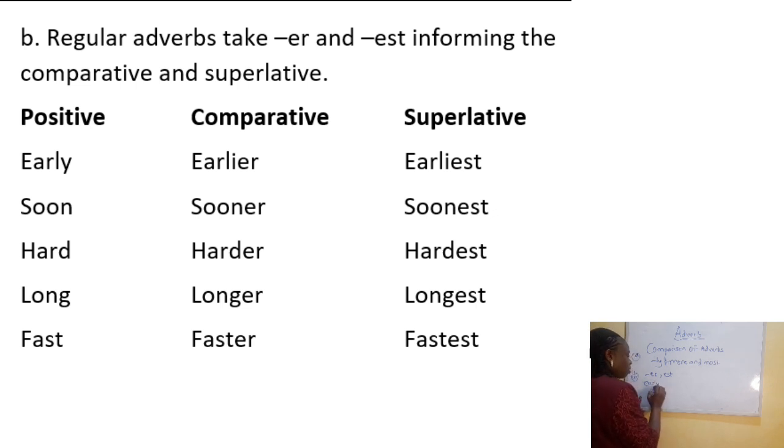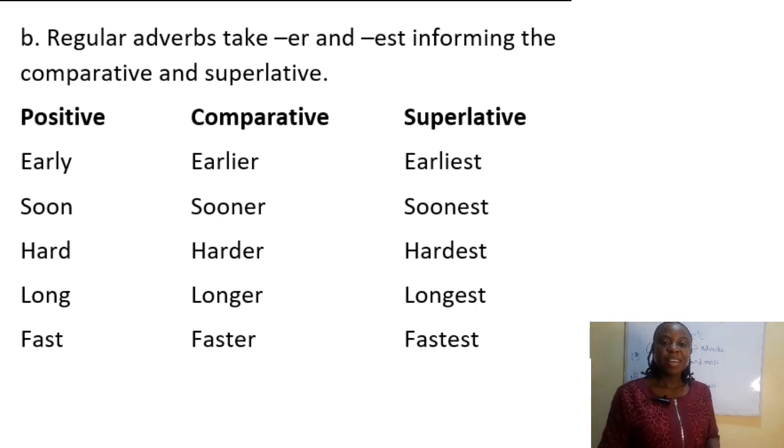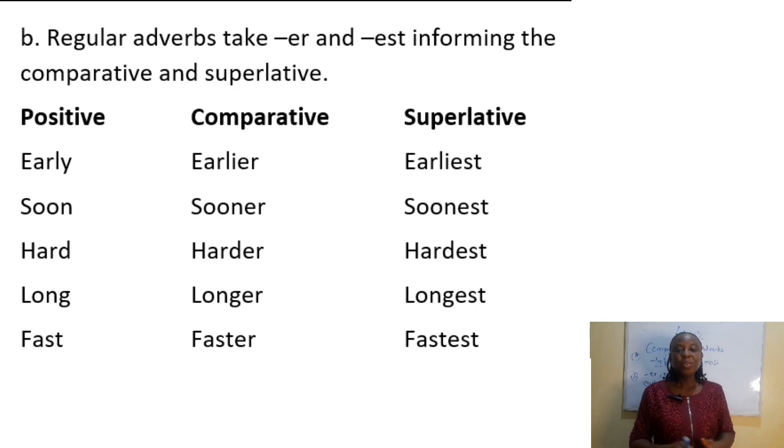The comparative will be earlier and the superlative earliest. We have soon, sooner, soonest. Hard, harder, hardest. Long, longer, longest. Fast, faster, fastest. So many examples to be learned.